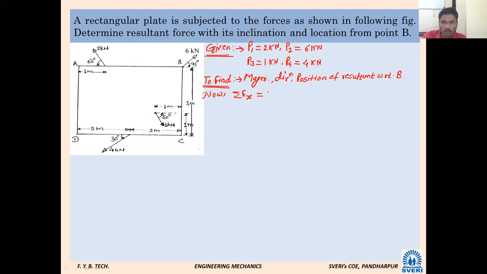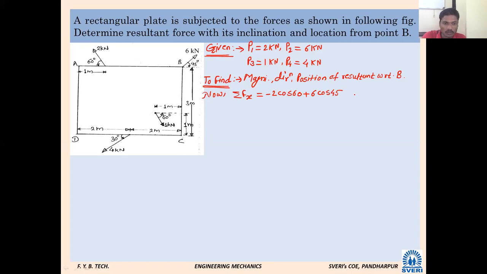X component of 2 kilonewton force: -2 cos 60. Correct. Next, 6 kilonewton force: plus 6 cos 45. Very good. Correct.